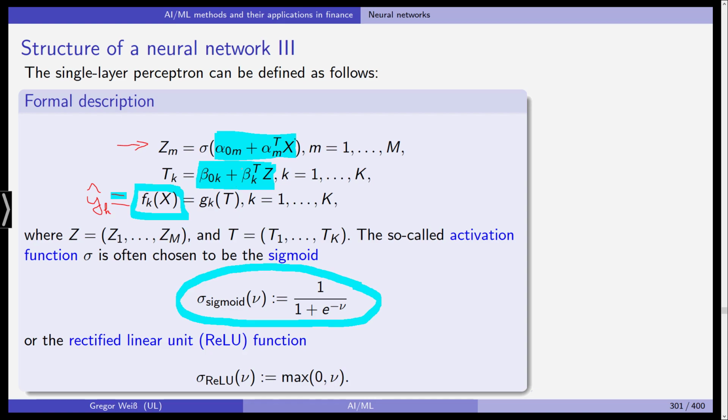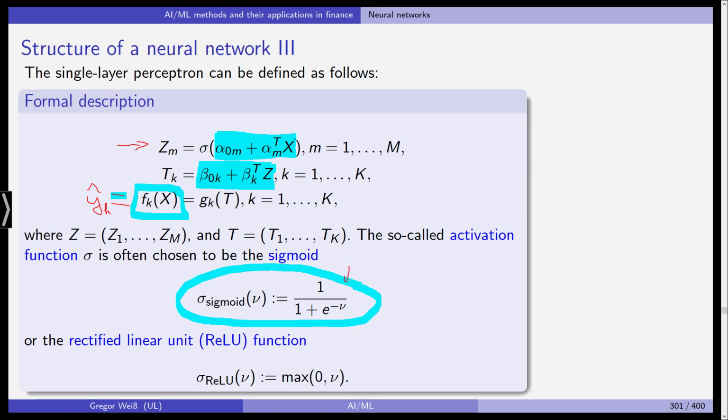So it's no magic, it's very simple. Take the features, combine them linearly, apply the sigmoid function to this, you get the hidden layer, recombine those hidden features in a linear fashion, and then you can apply yet another nonlinear function, g, to those transformed variables tk, and you get your prediction for y.